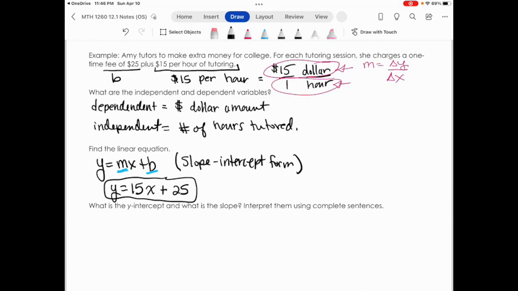For example, if I wanted to find the cost for 1 hour of tutoring, x is the number of hours, so I would plug in 1 for x and find my corresponding value of y. I would take 15 times 1, which is 15, and add 25, and I would get 40. So for 1 hour of tutoring, it would cost $40.